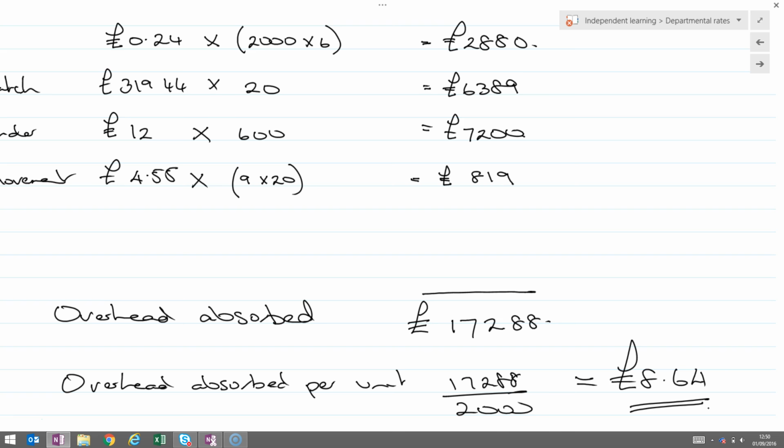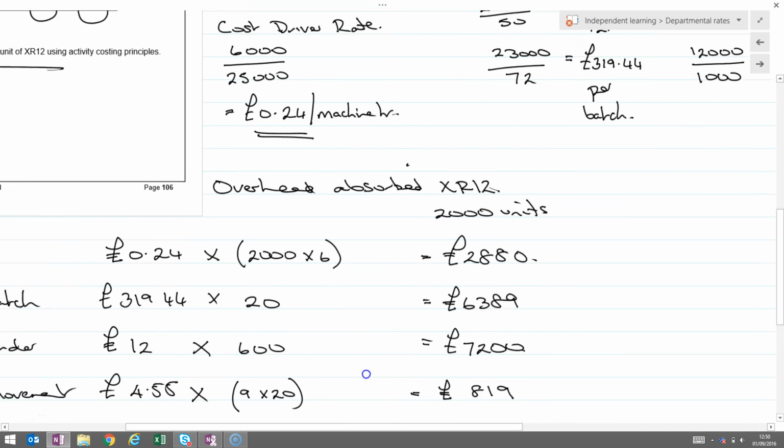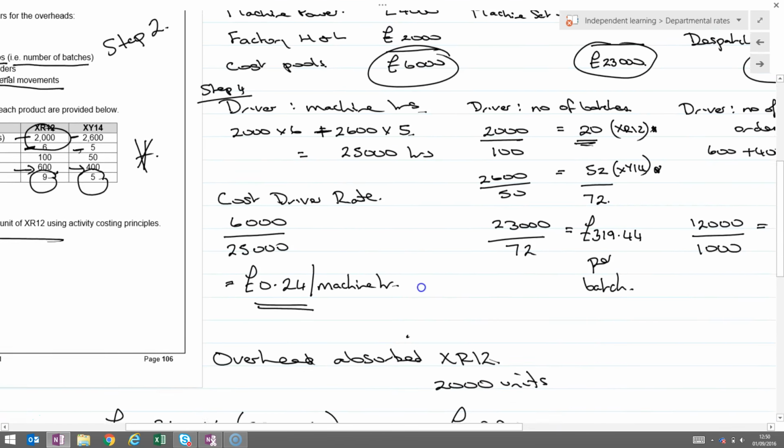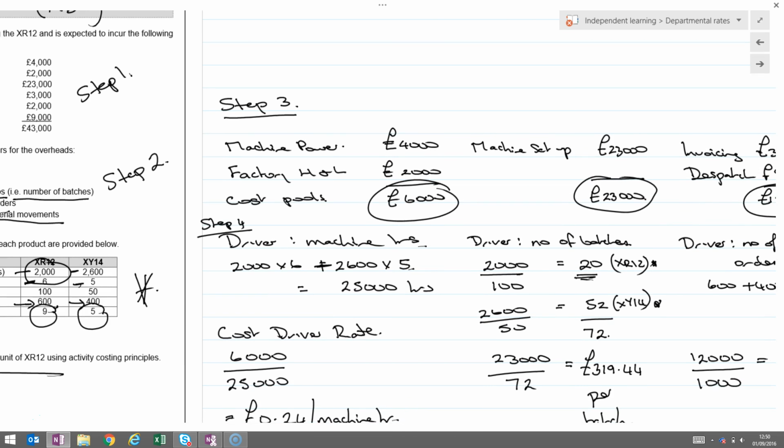Now this may seem quite complicated, but it's actually very similar to what you have already been doing. We're looking at budgeted overheads, we're looking at budgeted activity, we're dividing the overheads by the activity, but we're just making it a bit more refined.